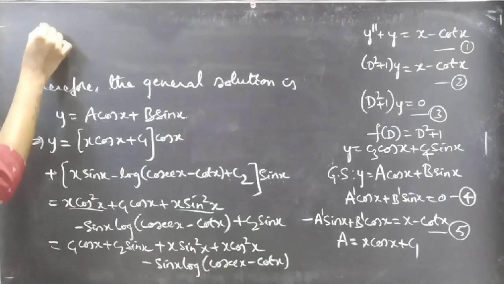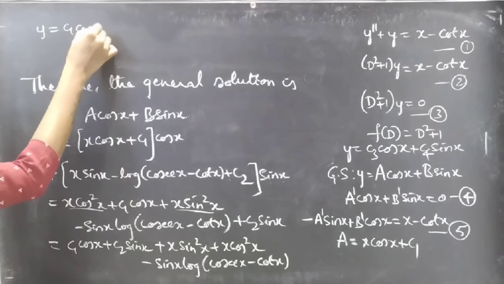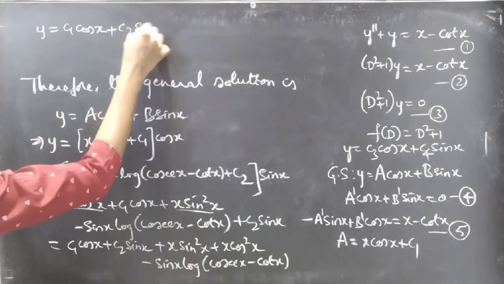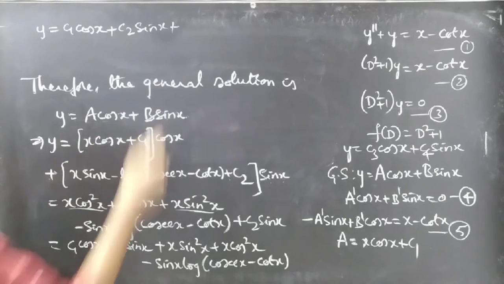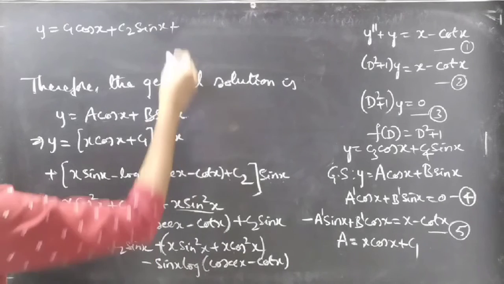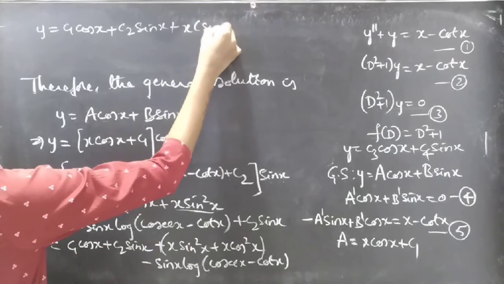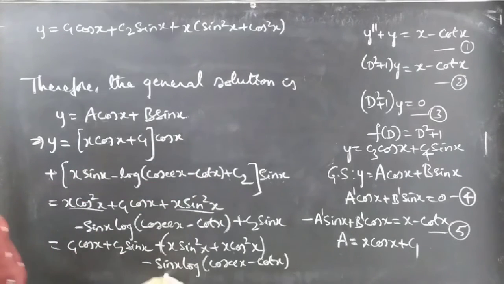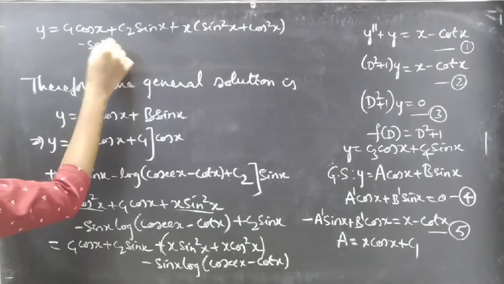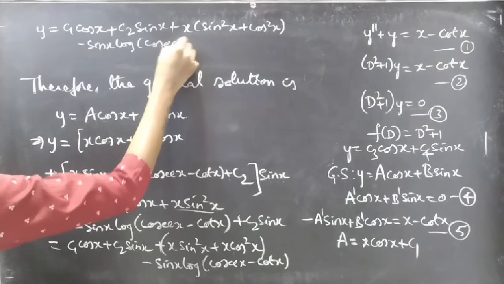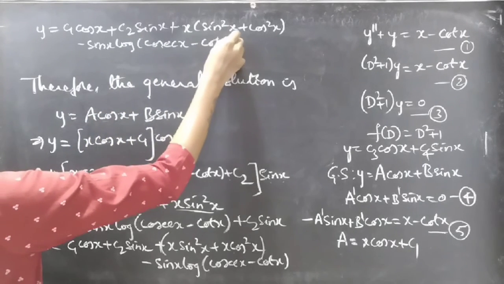This gives us c1 cos x plus c2 sin x plus, take x common from these two terms, we'll get x times sin square x plus cos square x minus sin x log of cosecant x minus cot x.